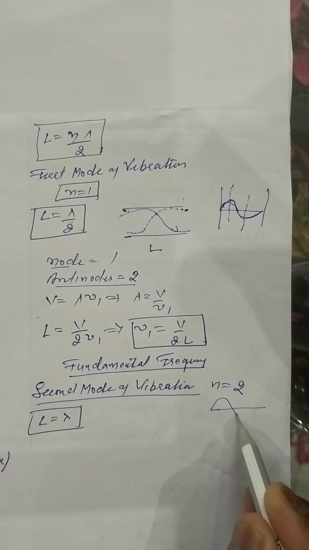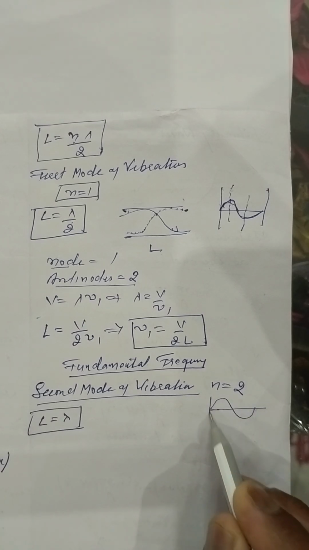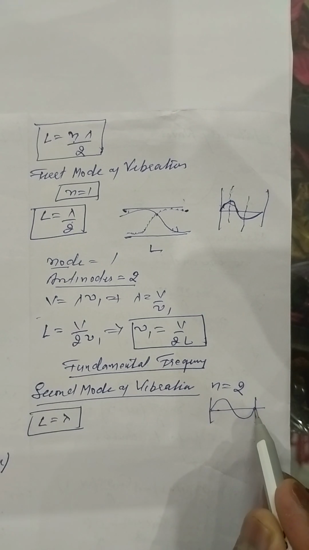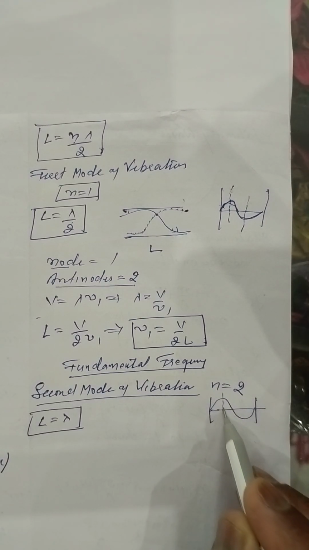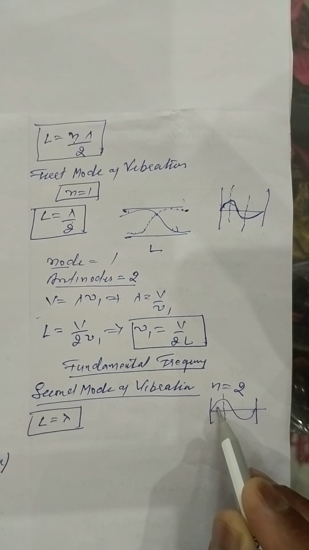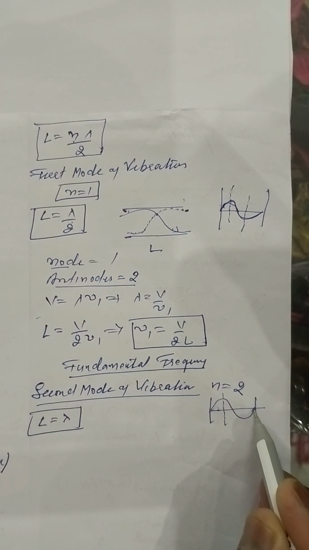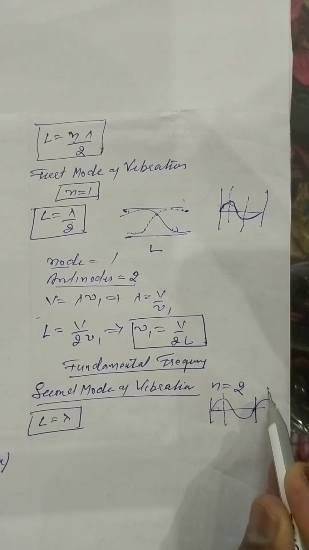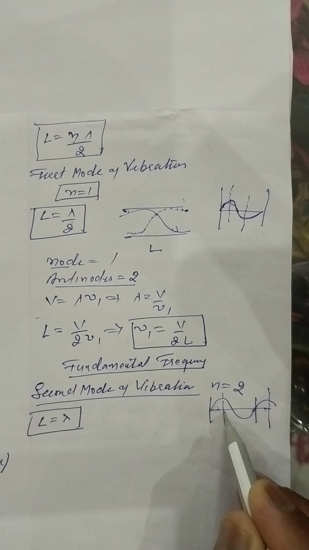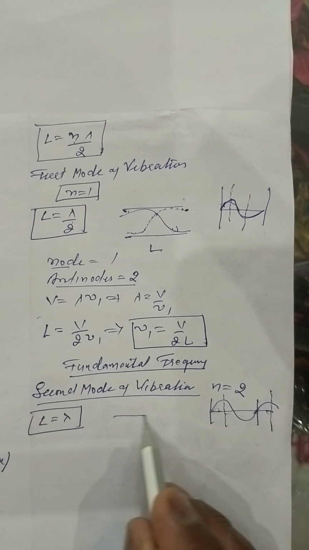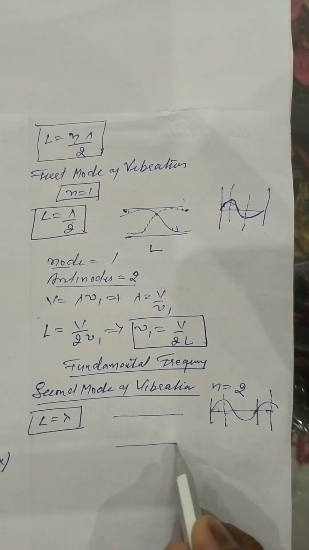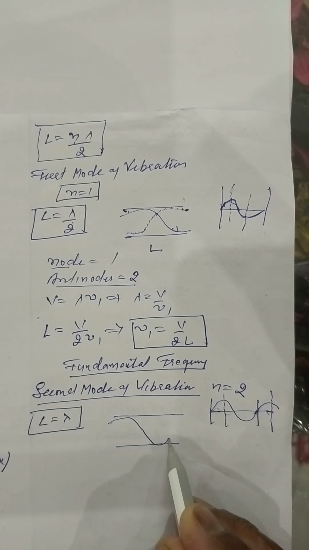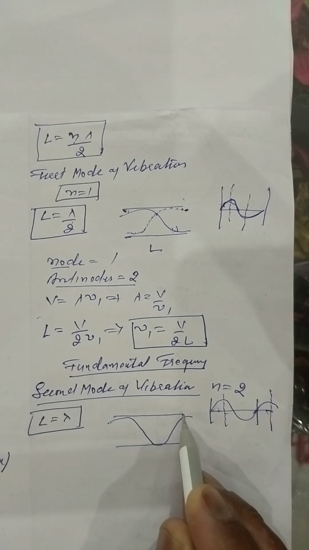But you will find that we cannot represent the wave like this because the boundaries are open. For a complete wave it will be in this way, from this point to this point. This is the complete wave.